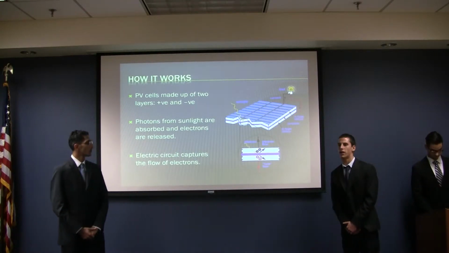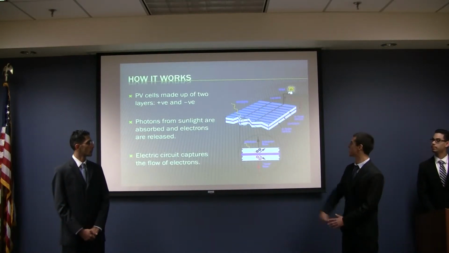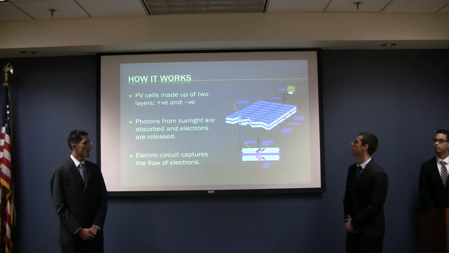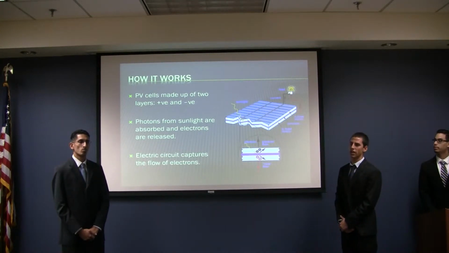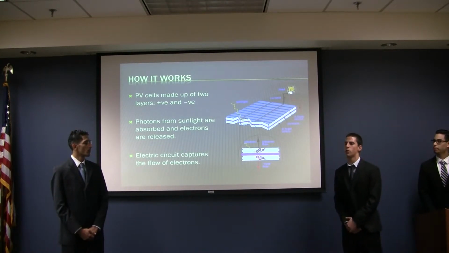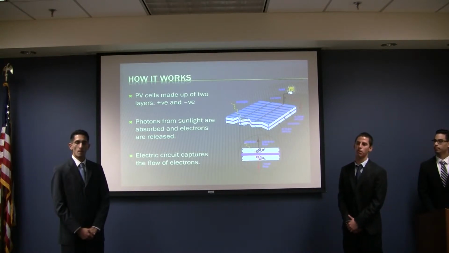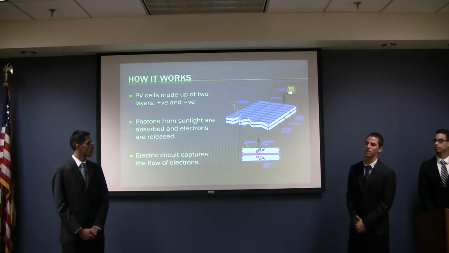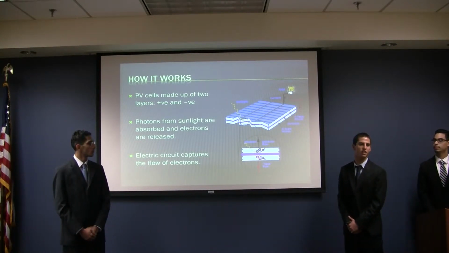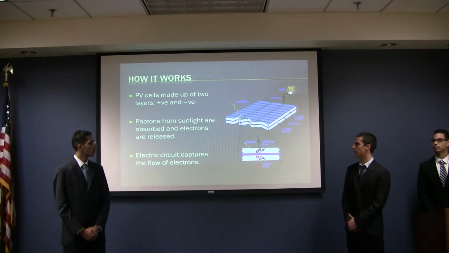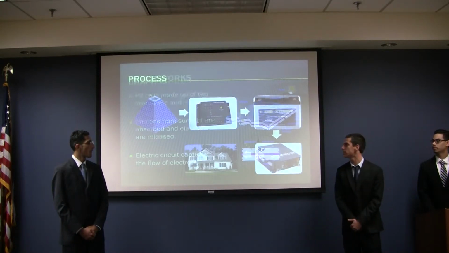Alright, so the solar panel is made up of photovoltaic cells. This is a photovoltaic cell here. It's made of two silicon layers, a positive and a negative. How it works is the photons are absorbed from the sunlight and electrons are released. Since silicon is a semiconductor material, it can efficiently transfer the flow of electrons, which is then captured by the electric circuit that connects the two layers.